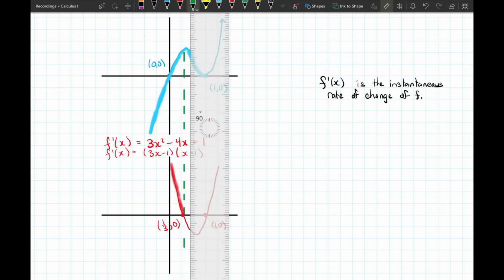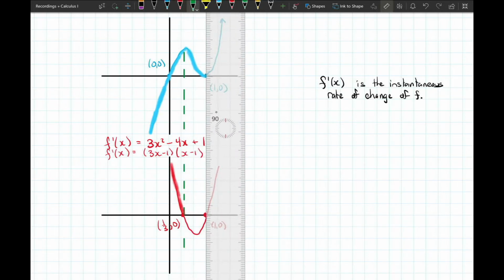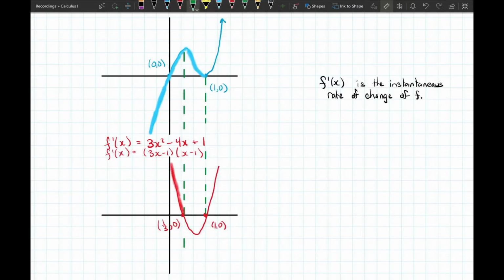So traveling over a little bit further, in this next segment, f is decreasing, so it would have a negative slope for its tangent. And during that particular section, its derivative here is also negative.